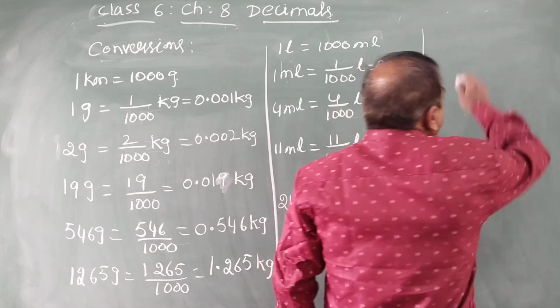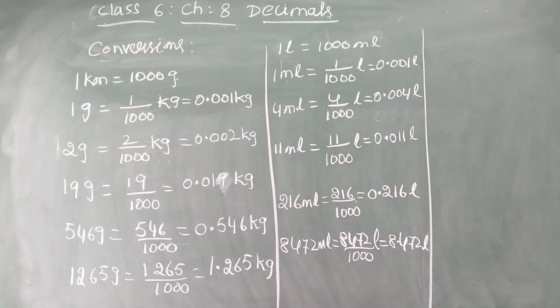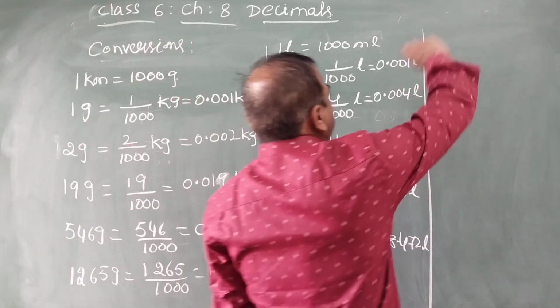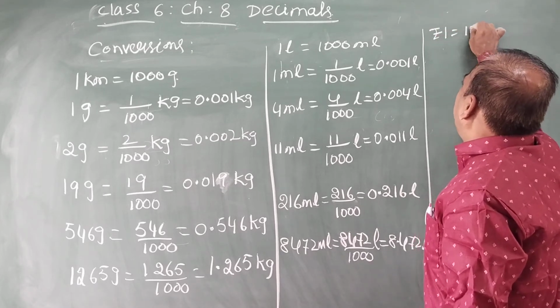Coming to rupees and pies, 1 rupee is equal to 100 pies.